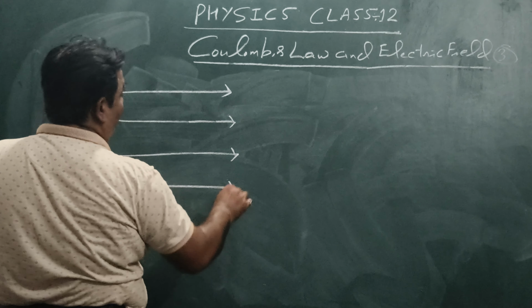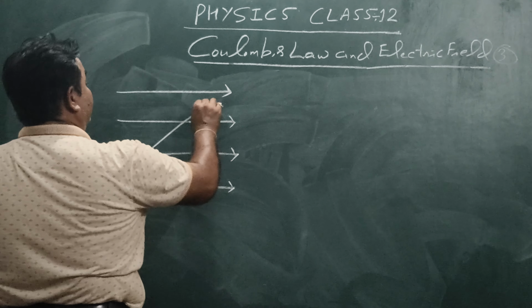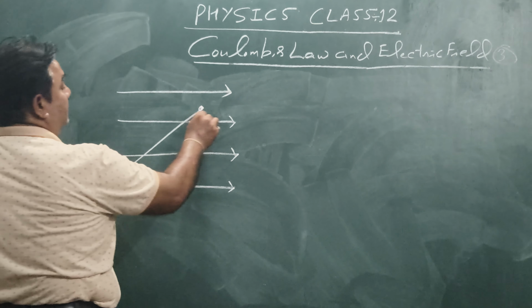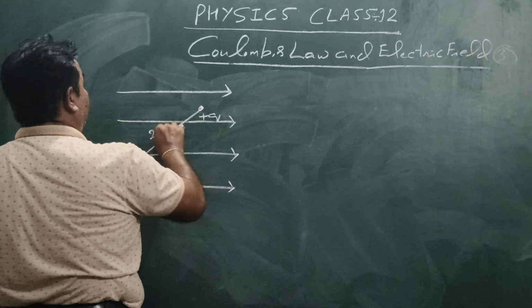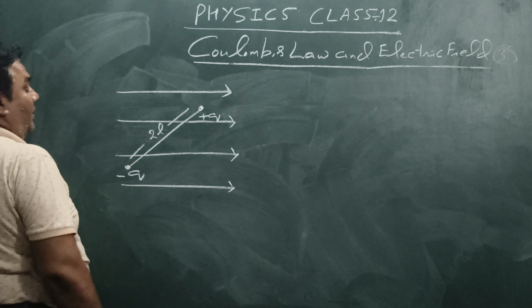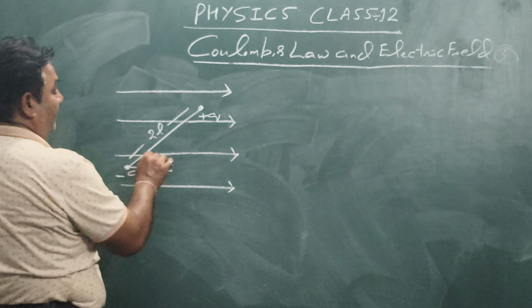Suppose this is a uniform electric field in which an electric dipole made of minus q and plus q charges, with distance between them 2L, is placed, making an angle theta with the direction of the electric field.